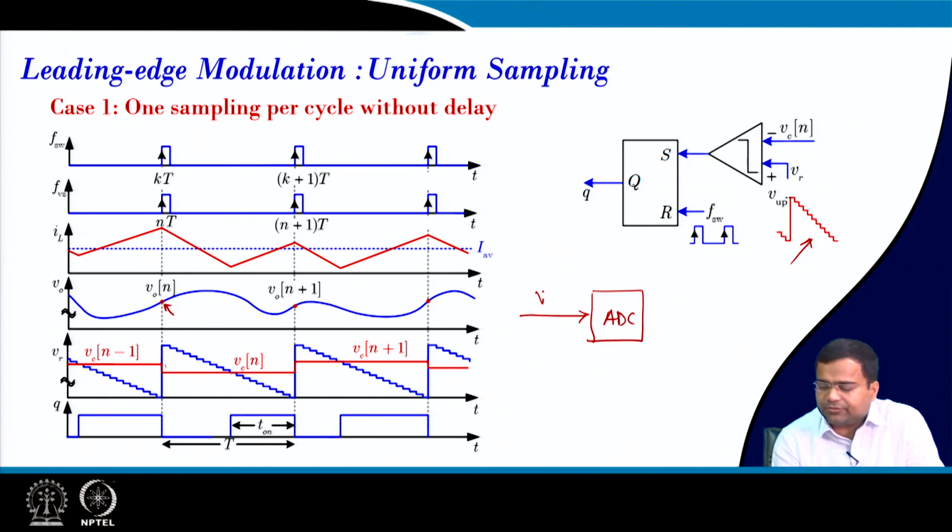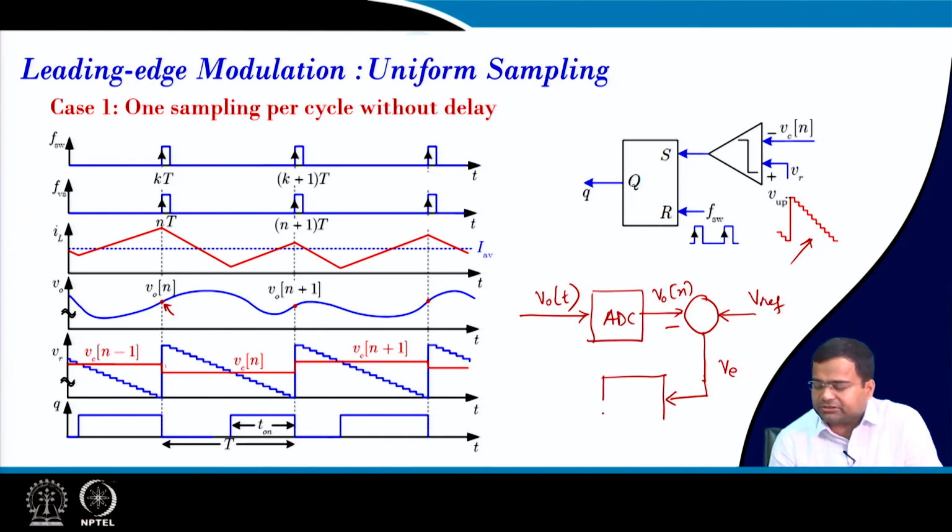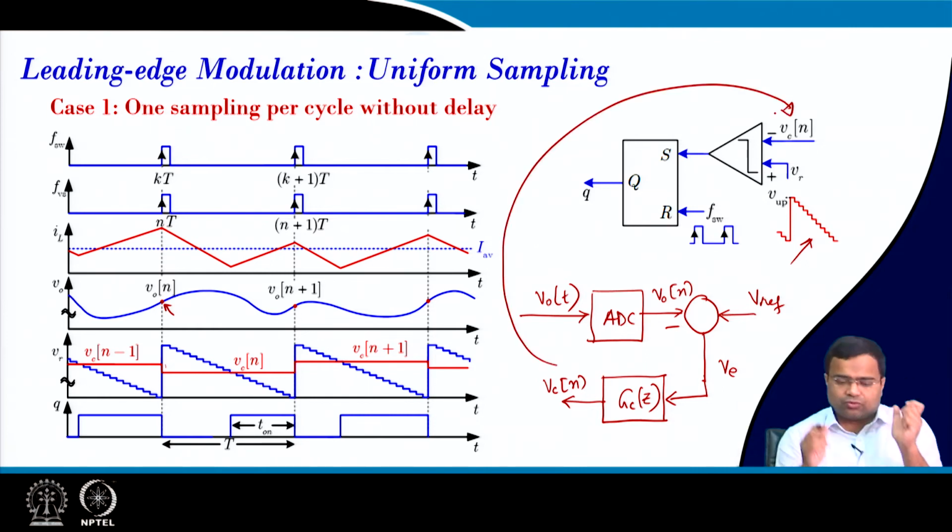this is your V0 in time, then this is your V0 in discrete domain, and suppose this is your subtraction, and this is your Vref in digital, and this is our error voltage. Then we pass it through a compensator. This compensator is a digital compensator, and we will discuss how to realize that, and then it will generate our VCN, that is shown here, and then it is compared with the sawtooth waveform.